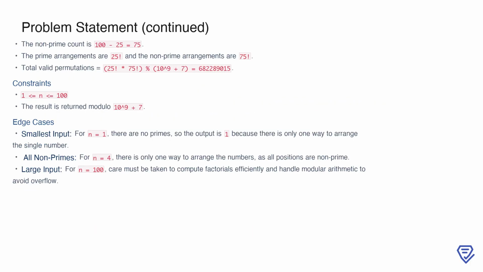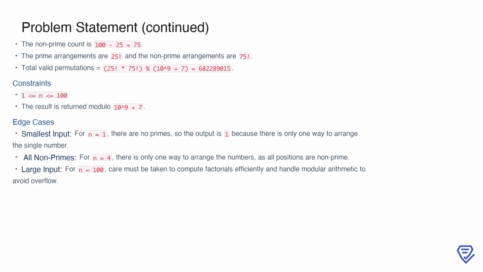In the case of a larger input, such as n equals 100, there are a total of 25 prime numbers among the first 100 integers. These include numbers like 2, 3, 5, 7, and so on, up to 97. The remaining 100 minus 25 equals 75 numbers are non-prime. To calculate the total number of valid arrangements, we first compute the factorial of the prime count, which is 25!, and the factorial of the non-prime count, which is 75!.